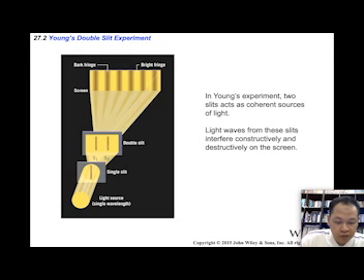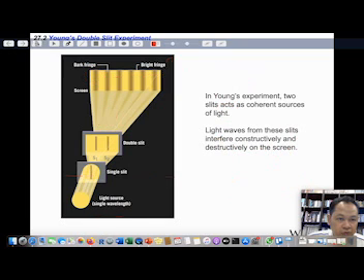So there is a beautiful experiment. We call it Young's double slit. This is very interesting, and the experiment is very simple. If you have a light source here, of a single wavelength, for example green, blue, or red, it goes to a single slit. This is the slit, only one.